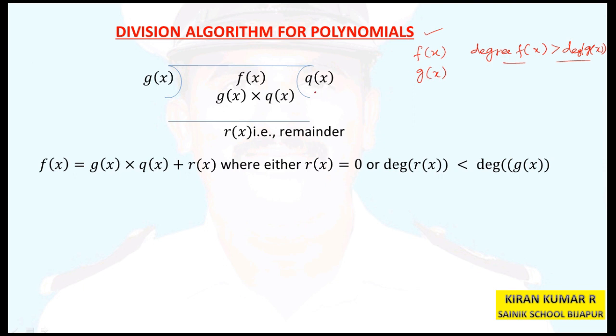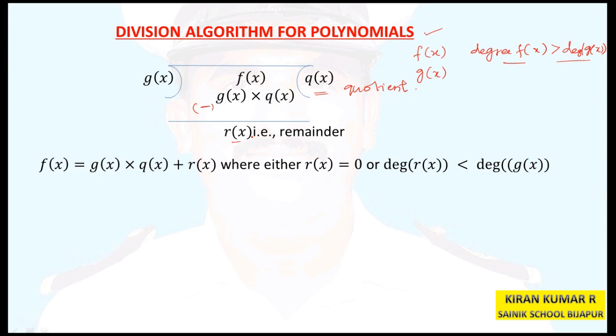This q of x is some quotient. When we divide f of x by g of x, we'll be subtracting the product g of x into q of x from the given polynomial f of x. When we subtract it, we get some remainder.